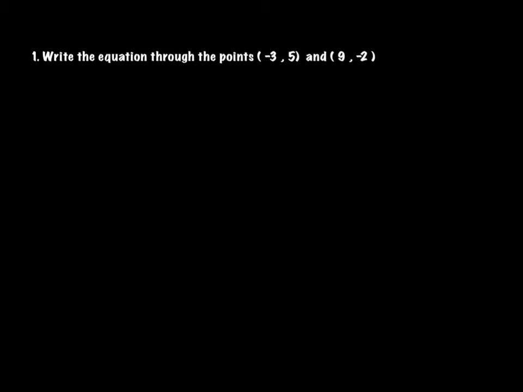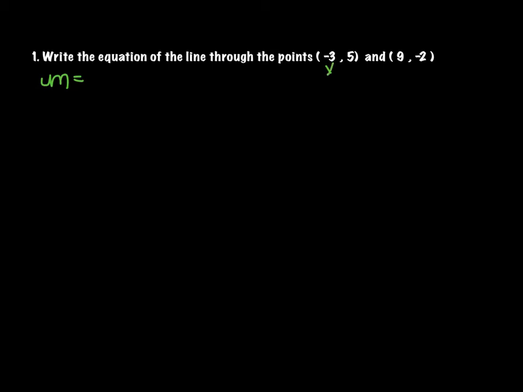Okay, so make sure you write down the steps in this example so that you can do this tomorrow in class. I want to write the equation of the line that goes through the points -3, 5, and 9, -2. So the first thing I need to do is find the slope. Slope is referred to as m if you remember from last year.